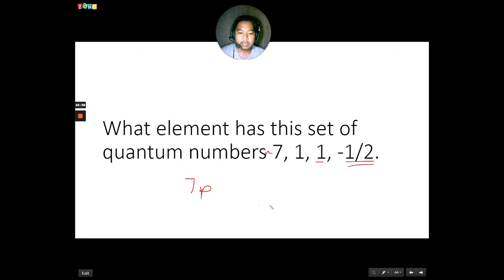Since P, that would be negative 1, 0, 1. So there is a downward electron here. You can fill that first or start counting 1, 2, 3, 4, 5, here in the 1, because it's here, 6. So that's 7p6. And if you trace this in the periodic table, or continue the electron configuration, but that's long, that's the 118th element, oganesson.